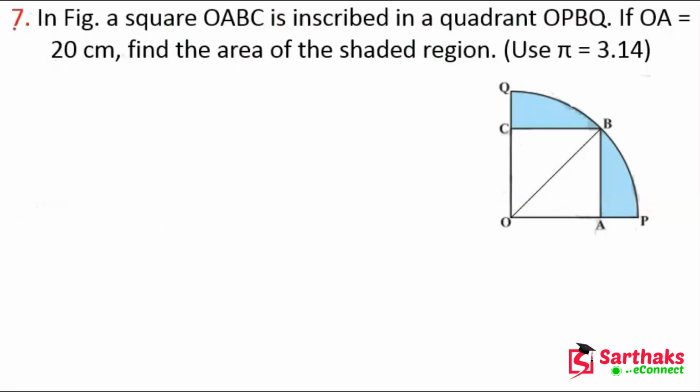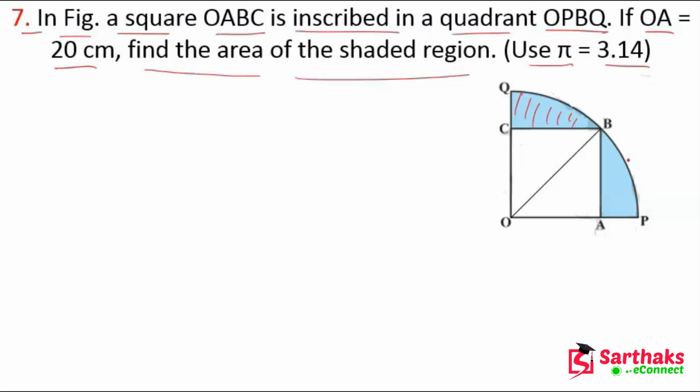So question number 7 is, my dear friends: in the given figure, a square OABC is inscribed in a quadrant OPBQ. If OA is equal to 20 centimeter, we have to find the area of the shaded region, and we can use the value of pi as 3.14. So again we have to find the area of this shaded region.